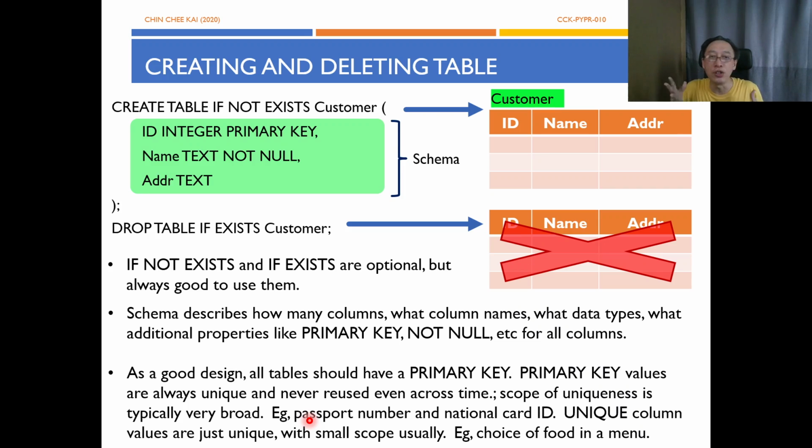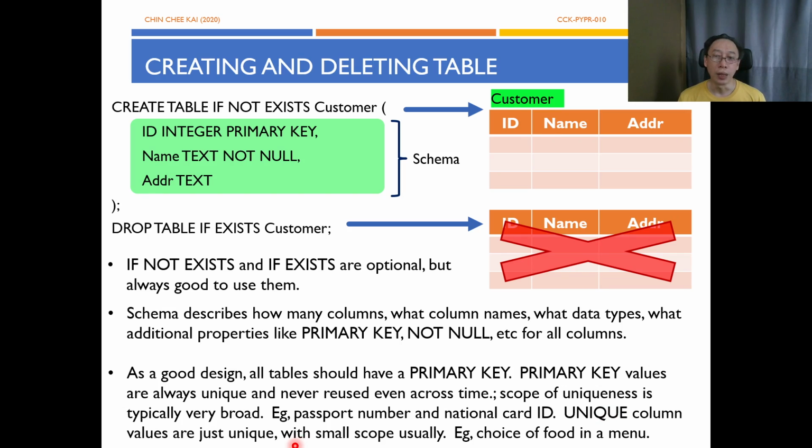So it's pretty stringent in terms of overall behavior, not single data behavior, but the overall behavior of the entire column of primary key values. So primary keys are definitely unique, but unique columns need not always be primary keys.